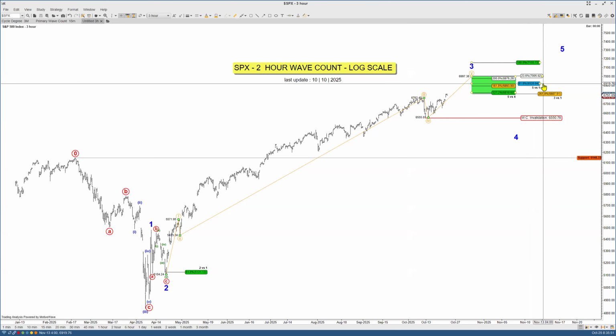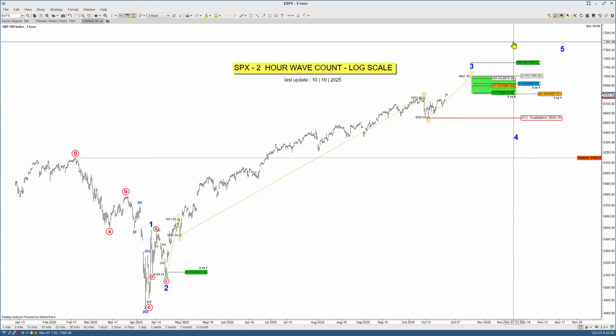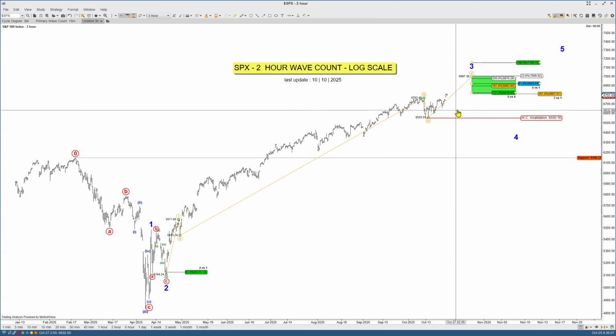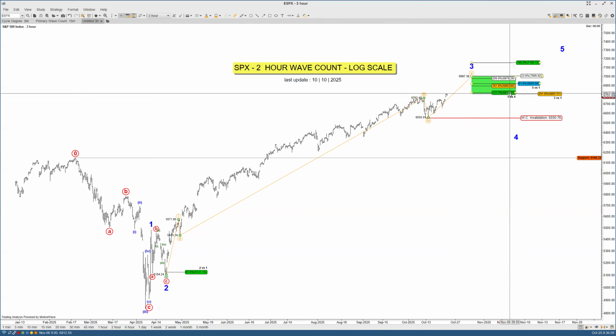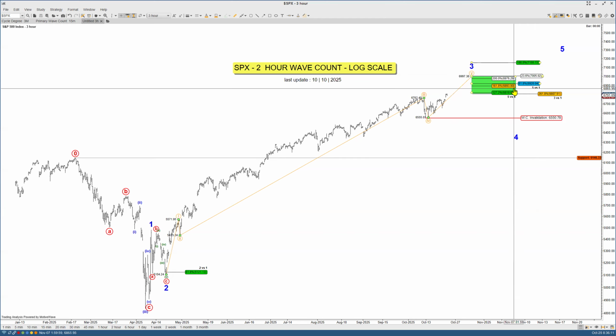And if price goes up from here for November and December, then we'll look for 7,000. Regardless, just calculate a 100-point move, which is close to a one standard deviation move.